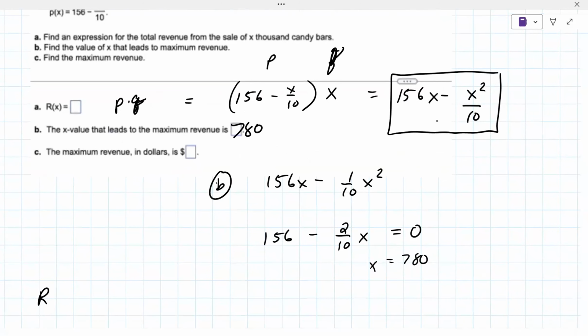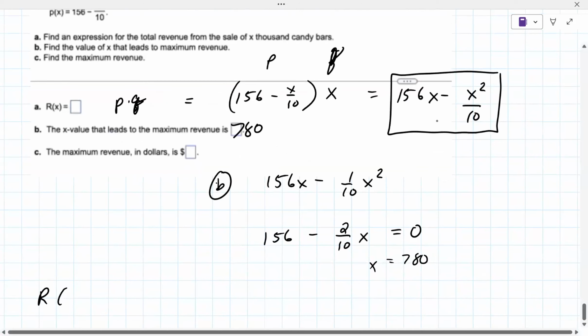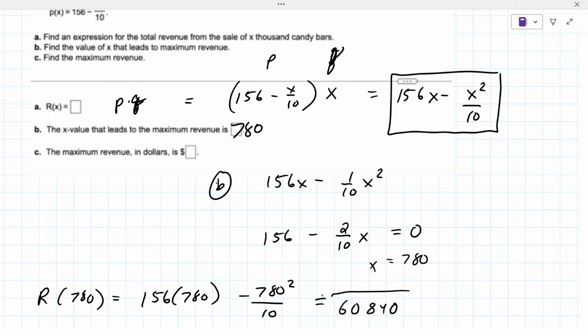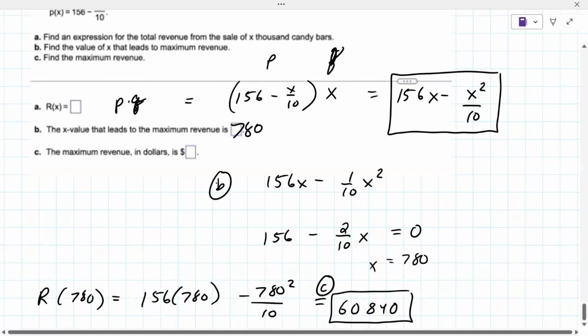So 156 times 780 minus 780 squared over 10. And you end up getting 60,840 for that third box there for the maximum revenue.